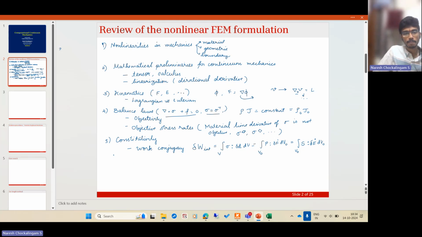Following constitutivity, what did we do? We had to write down the equilibrium equations. We said that the equations of equilibrium are highly non-linear, so we had the concept of linearization. And in constitutivity, we also looked at hyperelastic materials.